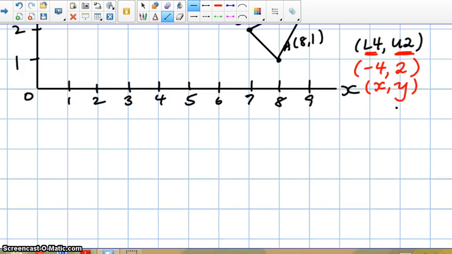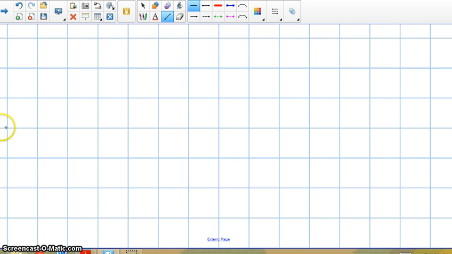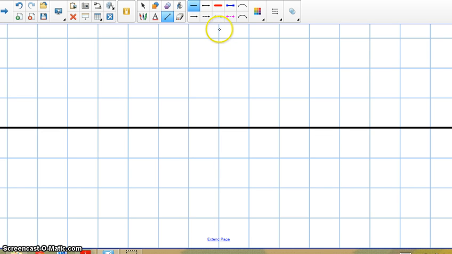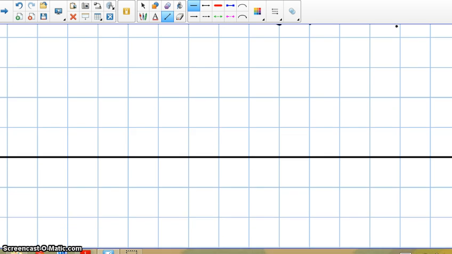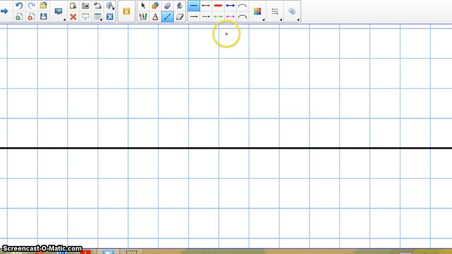Okay, so the next type of transformation that we'll do will be reflections. So for reflections, what you need to draw on your page is all 4 quadrants. Now, I'll do it here. Just for the sake of not being able to see my whole page, I'm going to have it pretty small.